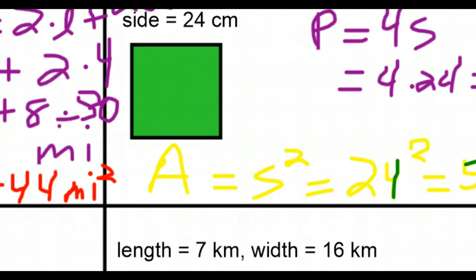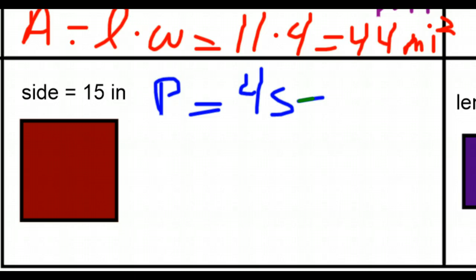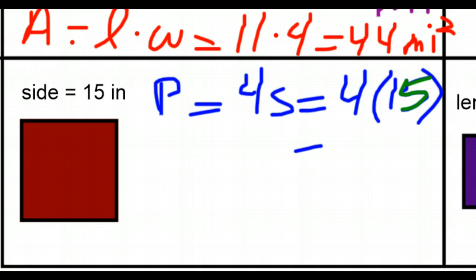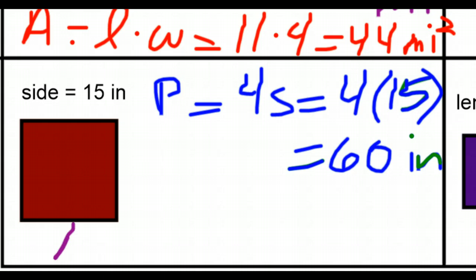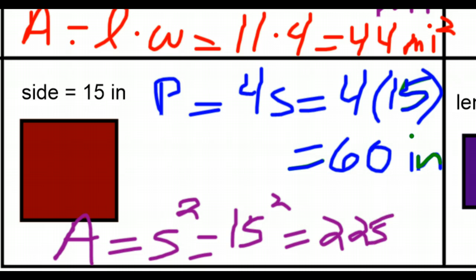Now if we look down here at the square in the bottom left-hand corner, which we'll call number 3, again the perimeter is 4 times the side. The side is 15 inches, so perimeter then is 60 inches. Our area is side squared, which is 15 squared. So our area then is 225 square inches.